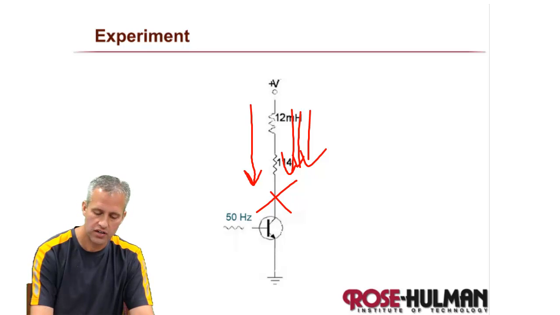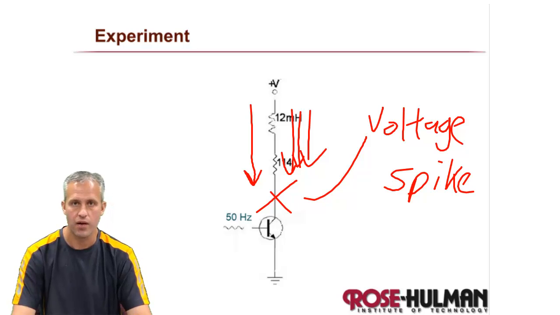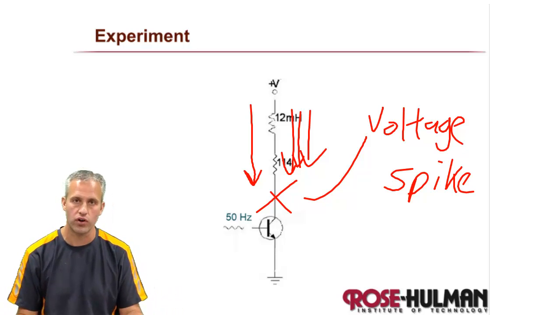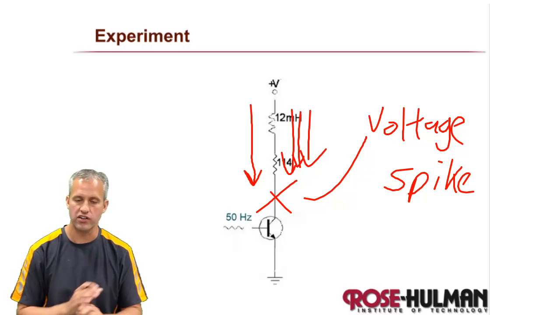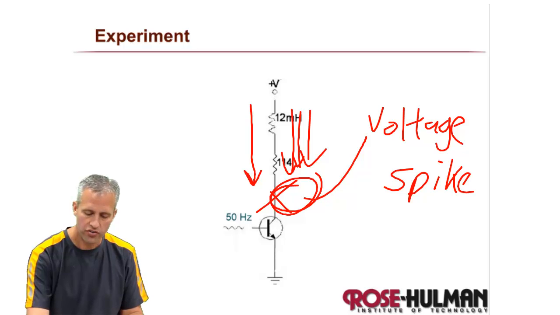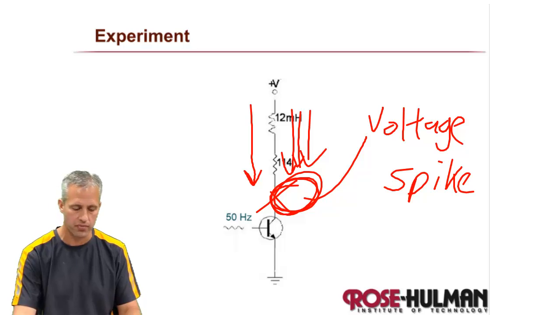So you get a voltage spike. The voltage up here gets really high. It does eventually dissipate, it will go somewhere, probably not somewhere you would like. It creates noise in the power line primarily.